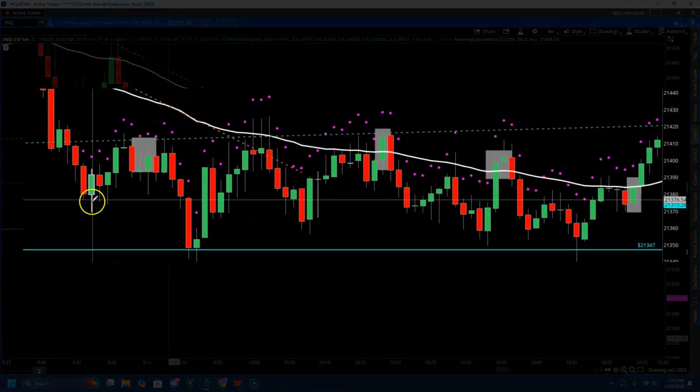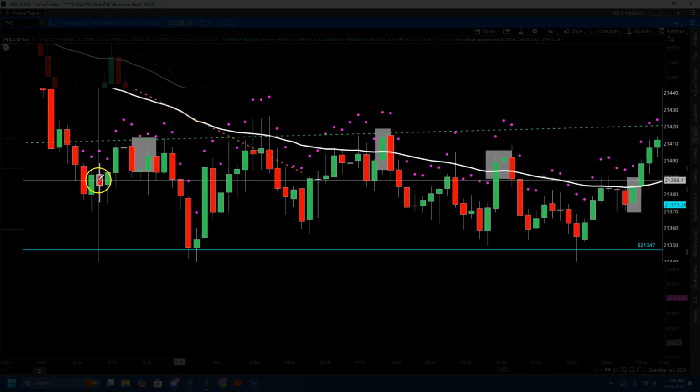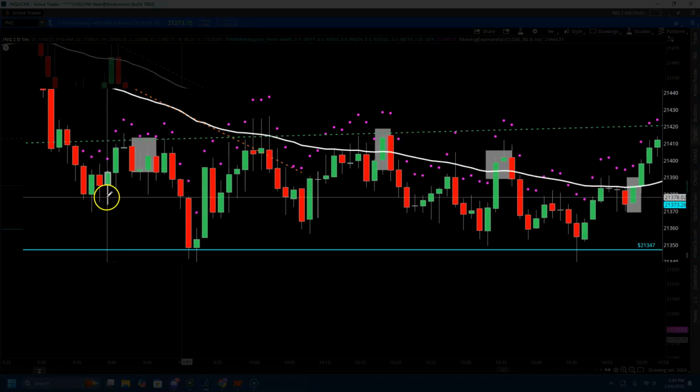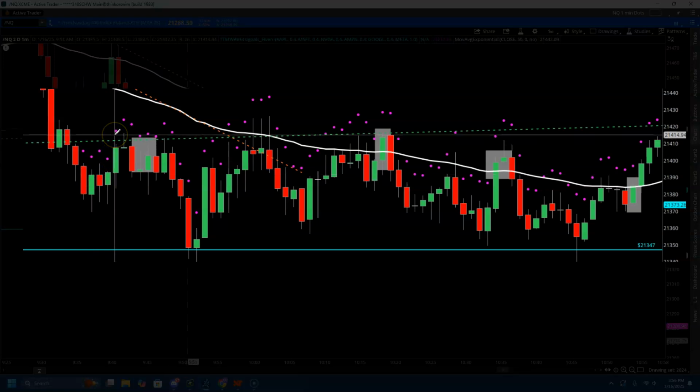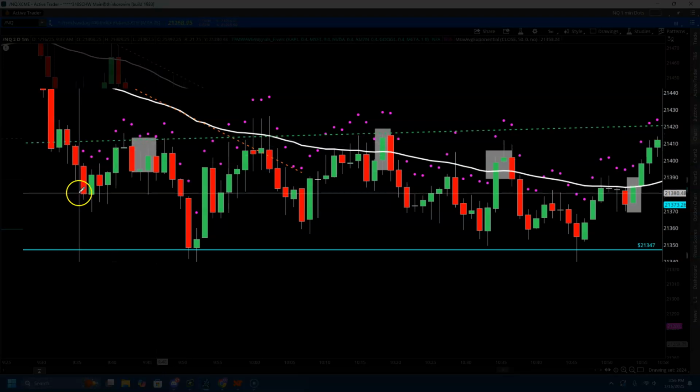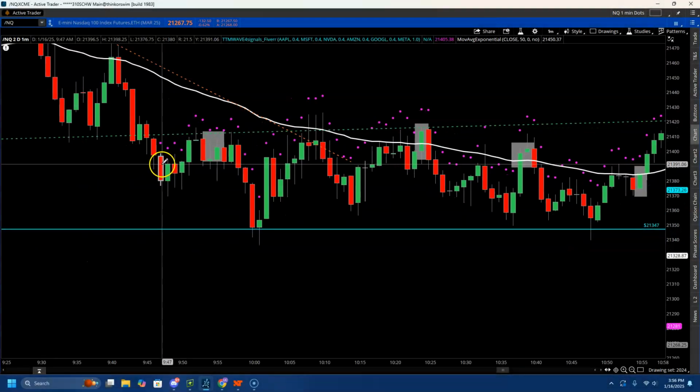The first pullback, I actually went to use the restroom, but otherwise I would have taken a short right here. This was the first purple bar at 391, and it might have stopped me out because I don't like to give more than 15 to 20 points stop loss.